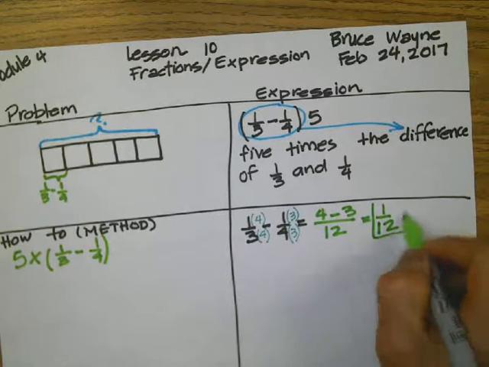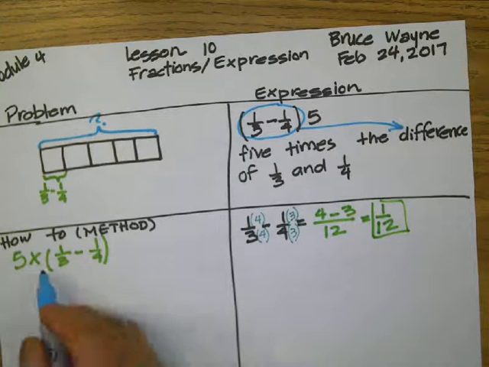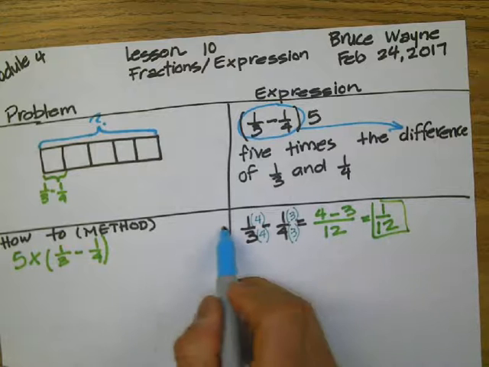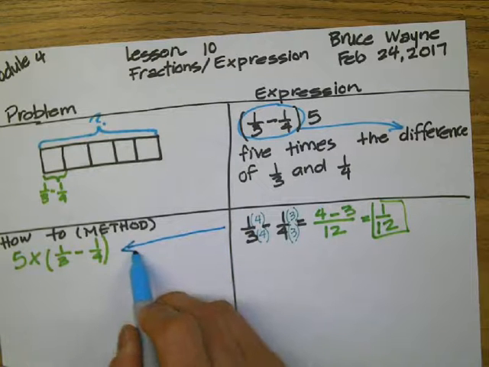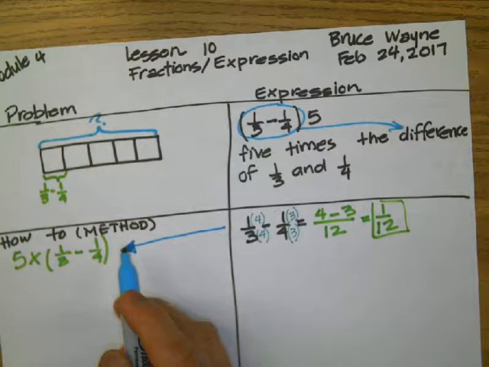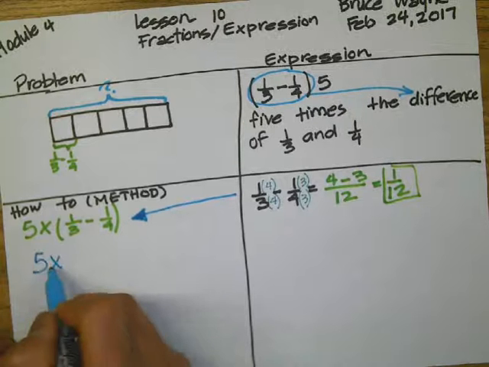So we can just make an arrow to show that we solve the parentheses first. So here's what happens now. 5 times, this was the result of this, was 1/12. So we're going to write 1/12.